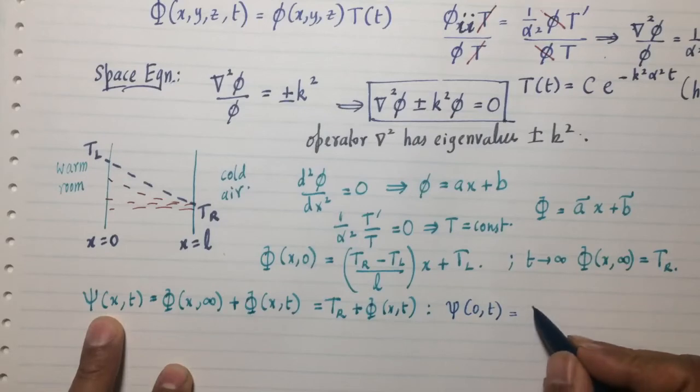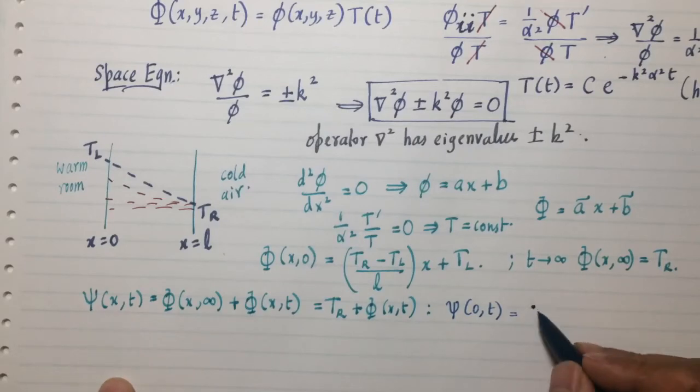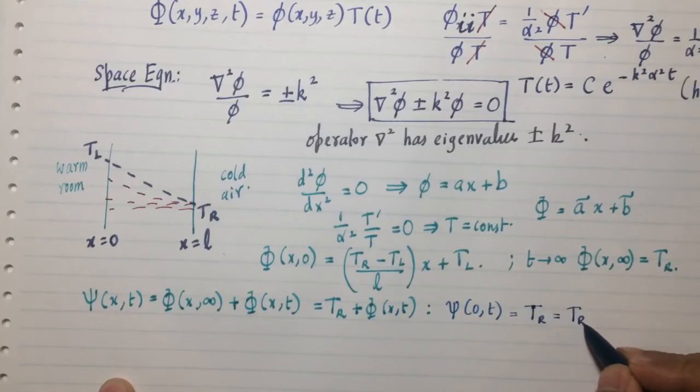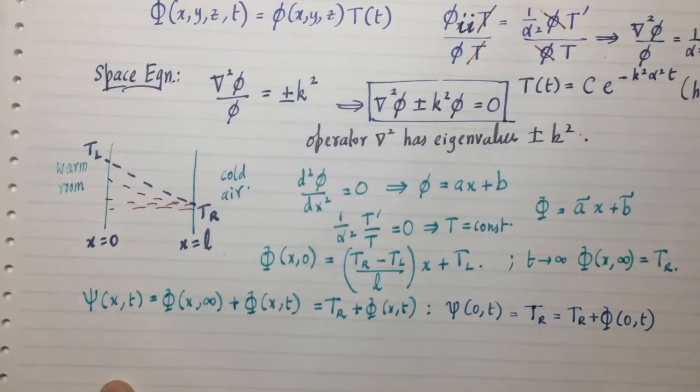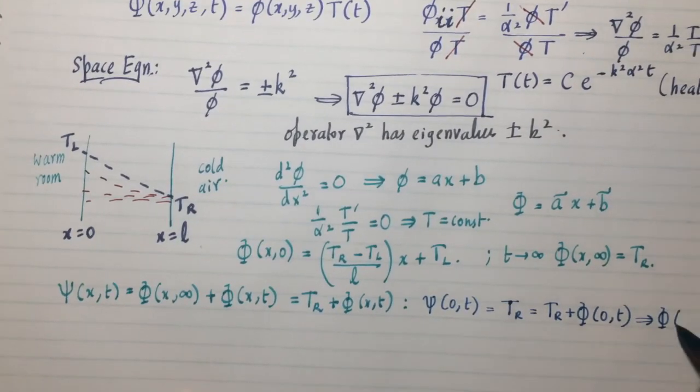So this is going to be TR equals TR plus phi of 0 comma t, which means with respect to these boundary conditions, you get phi of 0 comma t equals 0.